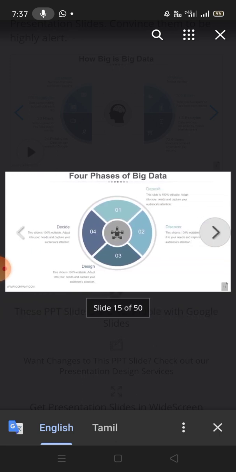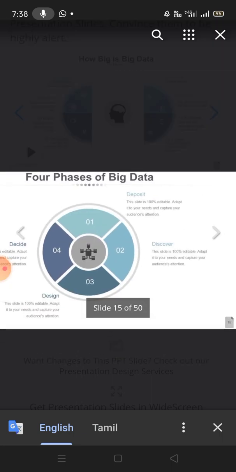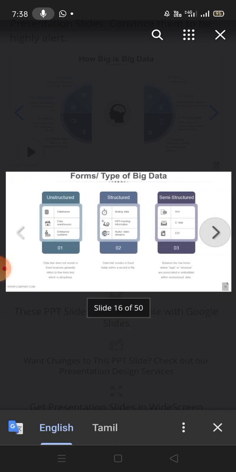And the four phases of big data are deposit, discover, design, and decide. It means the slide is always editable; you can make any corrections. And the forms and types of big data are unstructured, structured, and semi-structured data.